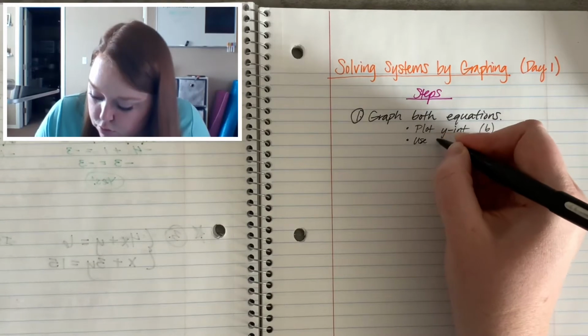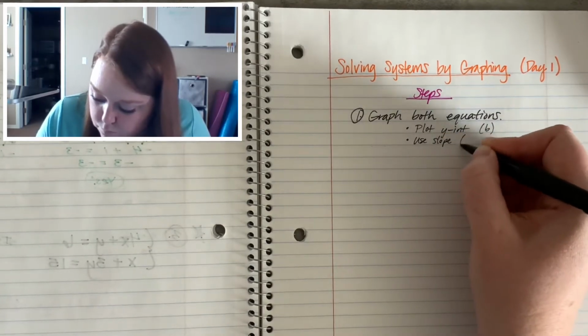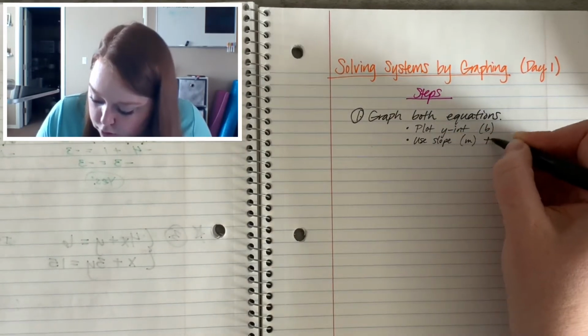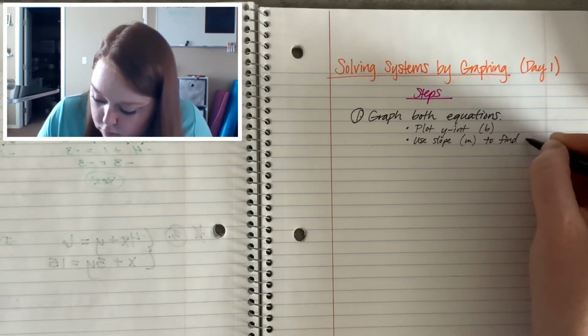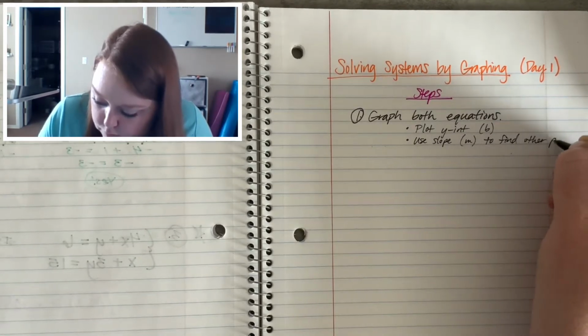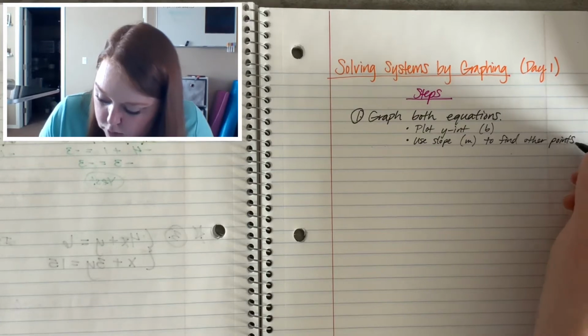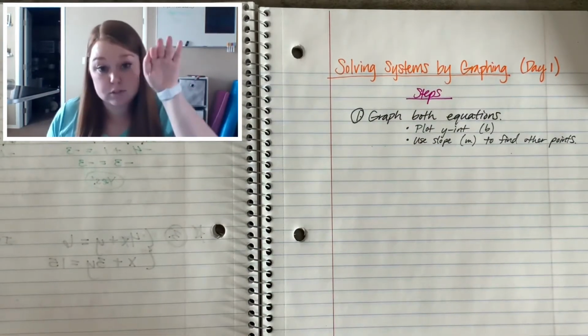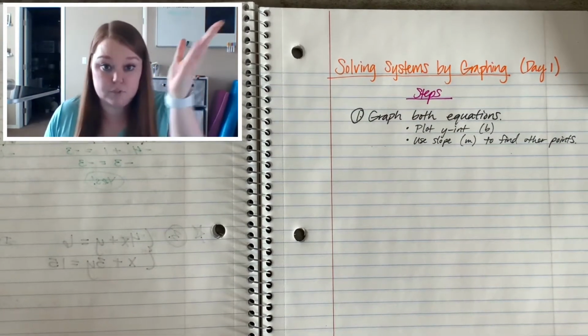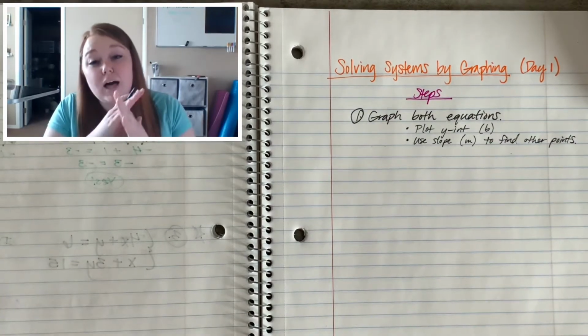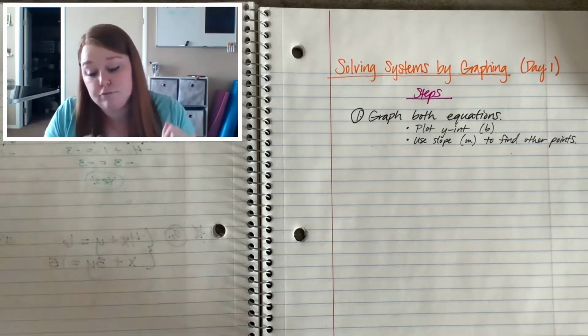So use slope, which is your m, to find other points. There's going to be two equations in a system, and you're going to graph each one of them. So you're going to have two lines on the same graph.